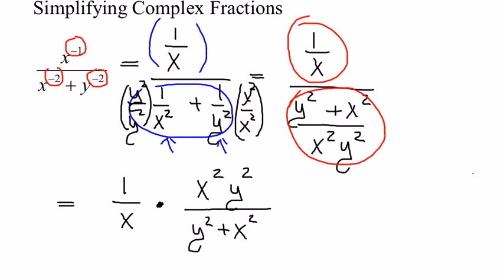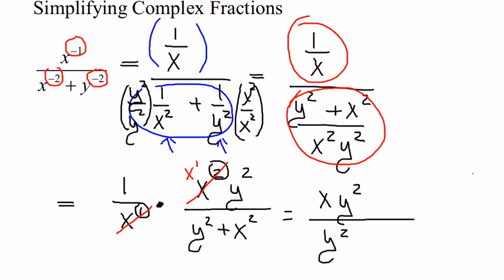So now notice there are 2 x's in the top and 1 x in the denominator. So we're going to cancel that out, and that's actually just going to be x to the first. So we now have, just multiplying straight across the top, x, y squared, all divided by y squared plus x squared.